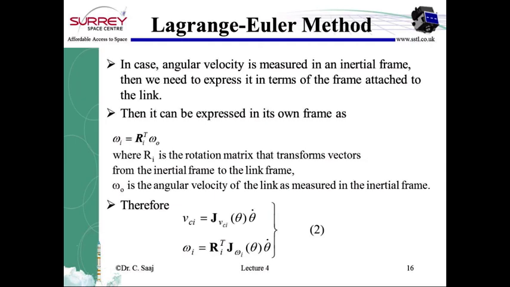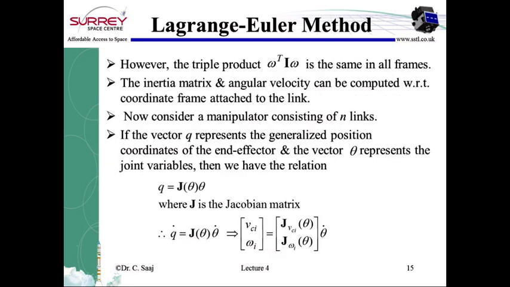Now I can write the linear component of the velocity, that is v c i, as the component of the Jacobian times theta dot. Of course, there is no change, so it's just extracting that term from the previous slide.